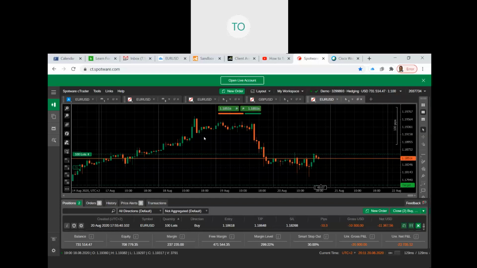So trying to trade the news is very risky. You don't know the dynamics, you don't know what's going on. At best, people who trade the news trade on hypotheses or basically assumptions. That is what they do.